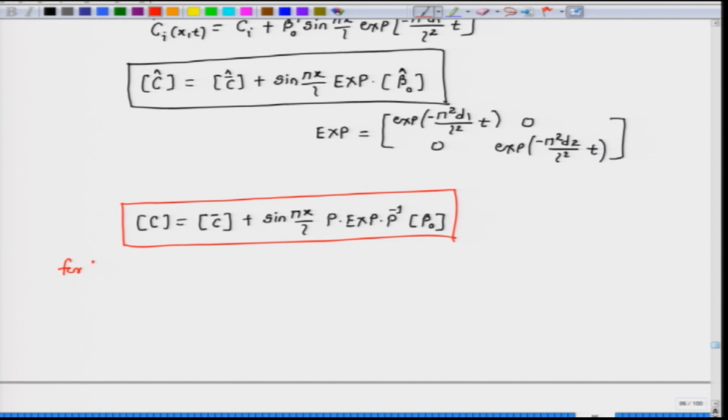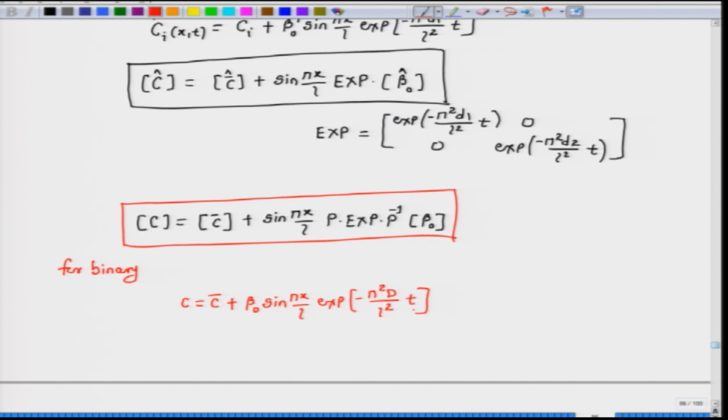So, for binary, we need just one concentration variable, so we can denote it by C. C equal to C bar plus beta 0 sin pi x by L, where P and P inverse both will be 1, times exponential of minus pi square d by L square t.